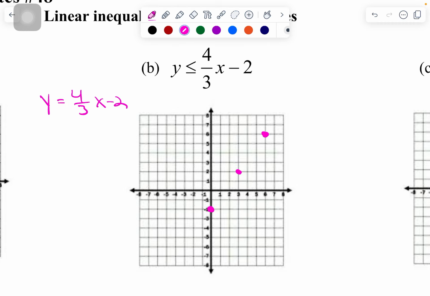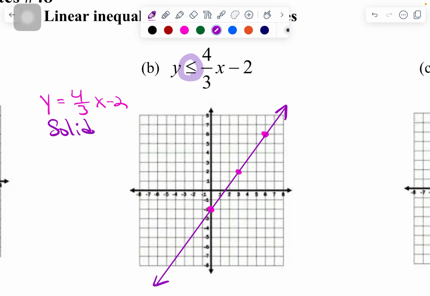This particular boundary line for our inequality, I want to try and grab a shading. There's my highlighter. The inequality here is less than or equal to, so that means our boundary line is going to be solid. So when I graph this, I'm going to draw a normal solid line through there, with arrows at the end because it does keep going.